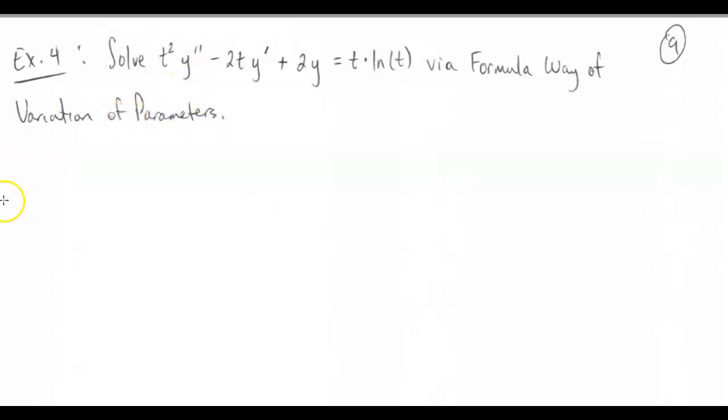All right, so I'm going to go ahead and write the formula for a second order linear ODE if we were trying to solve this using variation of parameters. Our function and our variable here is t, so we have to watch for that.